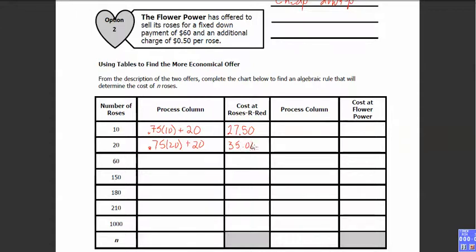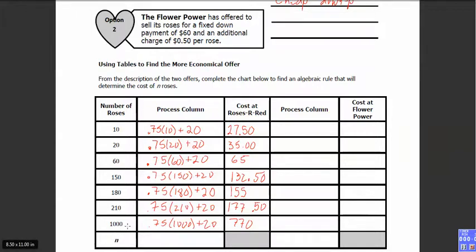All right. Now, from here, we're going to continue on, and I'm just going to pause it and finish up this row. All right, so we got them all filled out. We've got the process column. We've got the costs all filled out. Nice, nice. Now, this last one asks us to do N number of roses. Now, don't freak out because it says N. The whole point of this, remember, is that we're trying to create an algebraic rule that allows us to find the cost of any number of roses.